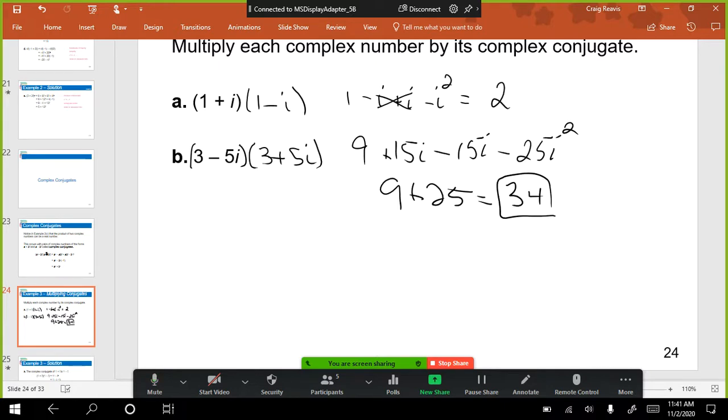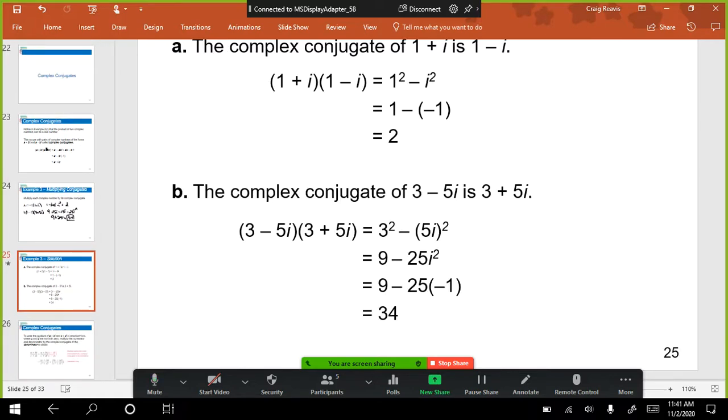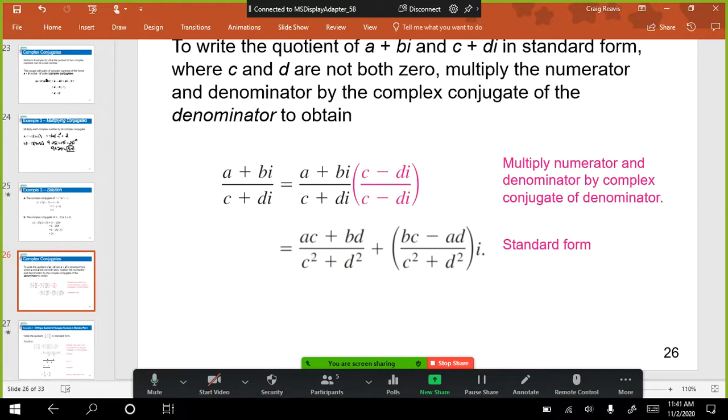All right, now, where they use the conjugates, let's see if we get to that, is when we're dealing with complex fractions. It's kind of like square roots. You cannot have a square root in the denominator of a fraction.